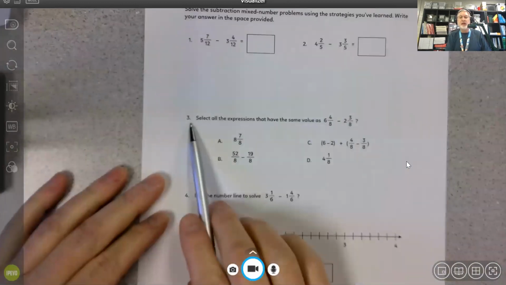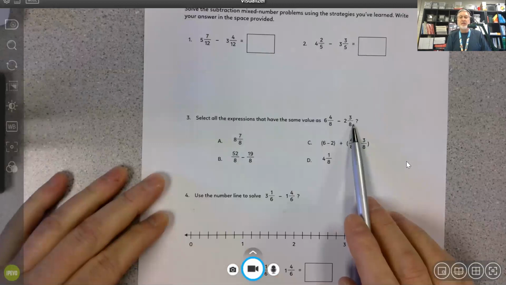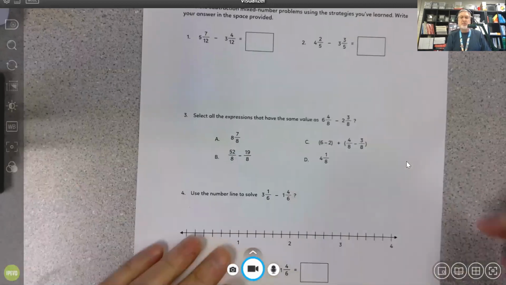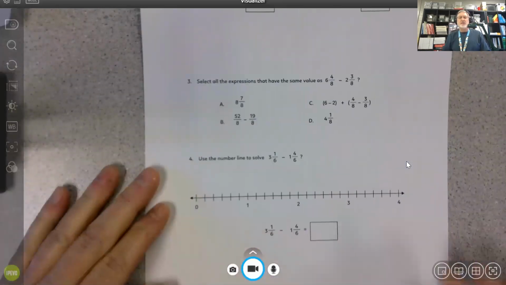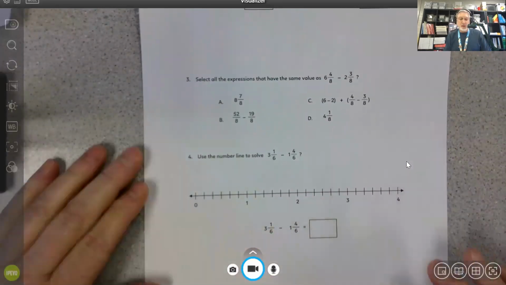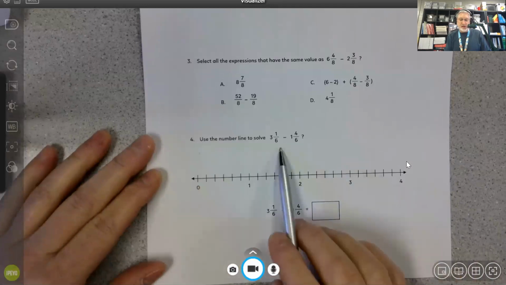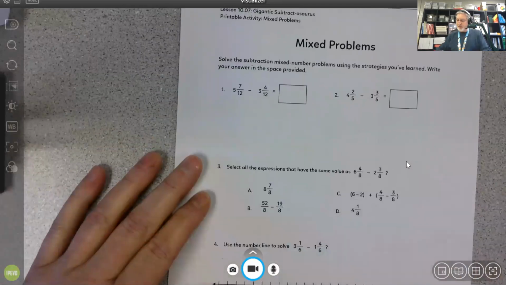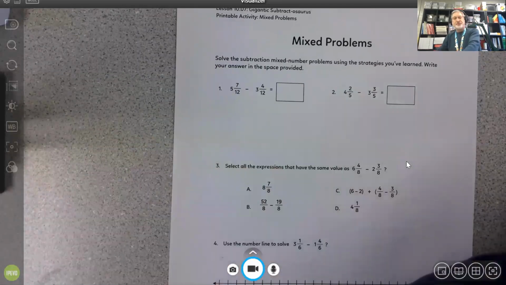Problem number 3 is going to be the same, but this is a multiple choice question where we're going to pick all the right answers. Number 4 is going to be to use this number line to help us solve subtracting mixed numbers. Okay?